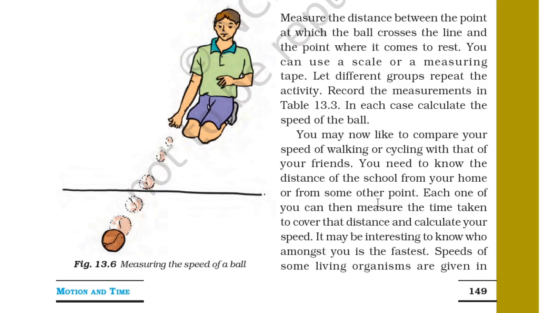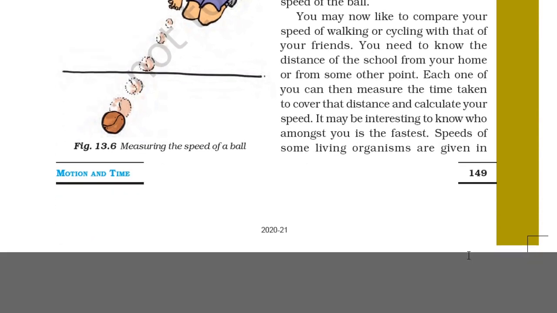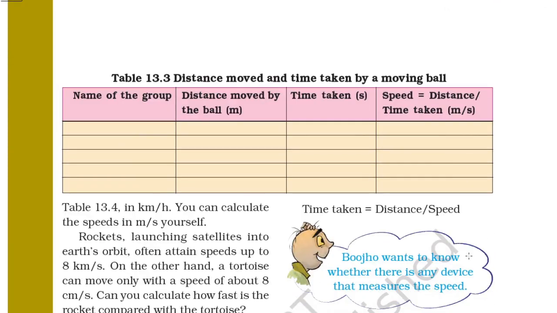Now it may be interesting to know who amongst you is the fastest. Speeds of some living organisms are given in table 13.4 in kilometer per hour. You can calculate the speed in meter per second.